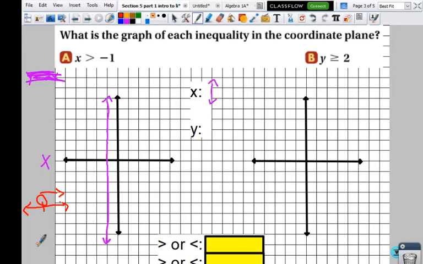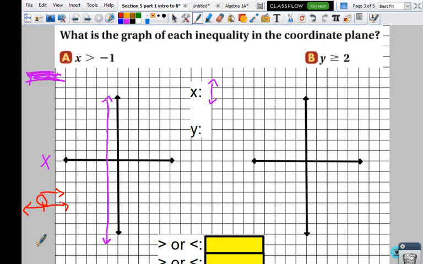Okay, so I am going to shade a side, and I have to shade the true side. I'm going to shade where x is greater than -1. Which side has numbers bigger than -1 when I look at my x? The right side, right? Because the number 1 is bigger than -1.